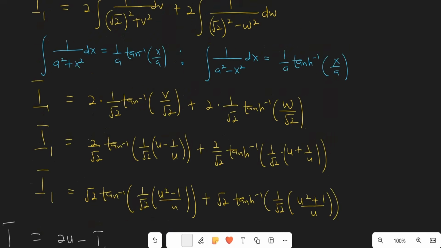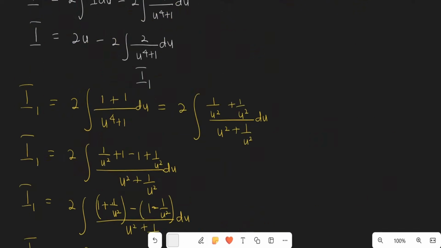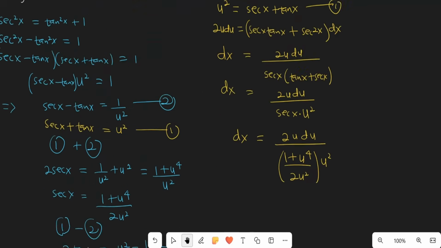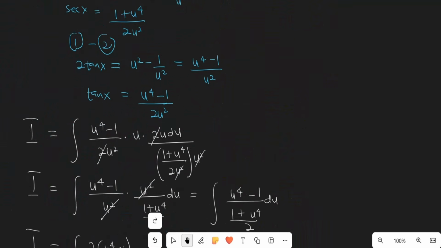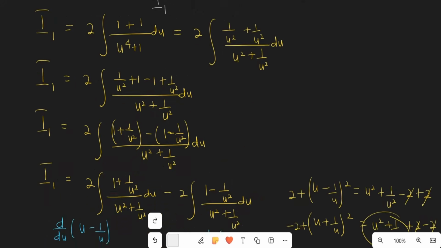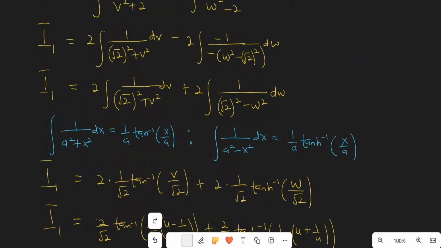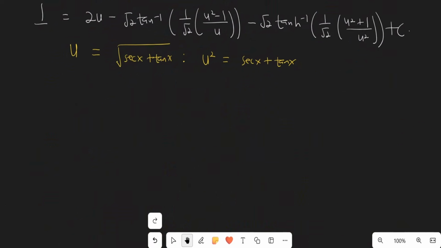That is when we go to the very top, from the very beginning, that's our substitution. So we just replace that in our integral, and that will be the answer to this beautiful integral.